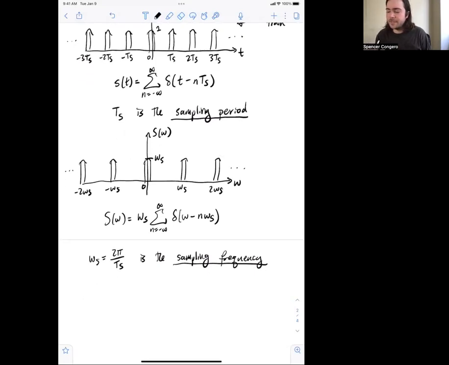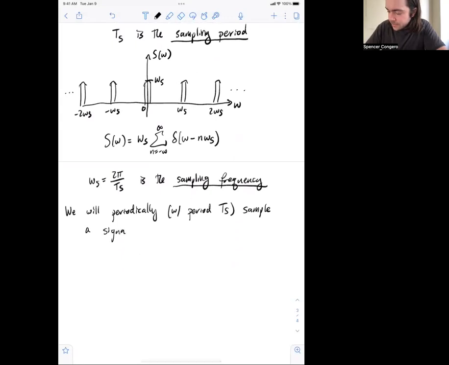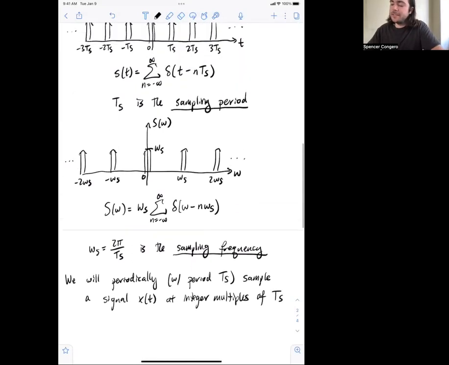Okay, so that's our setup. And what are we going to do? Well, we will periodically, specifically with period t sub s, the sampling period, sample a signal x of t at integer multiples of that sampling period t sub s.